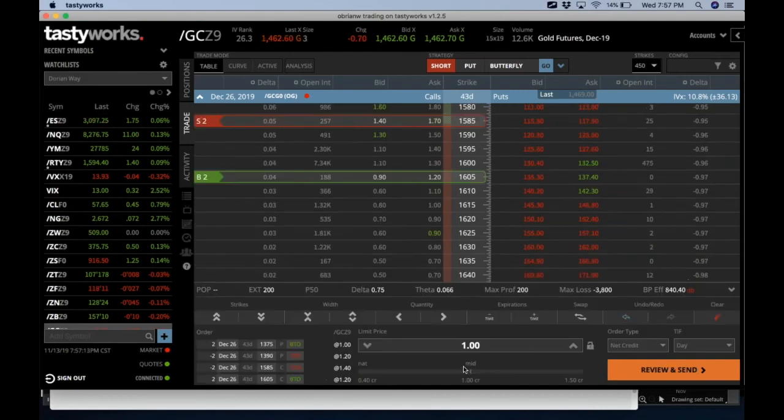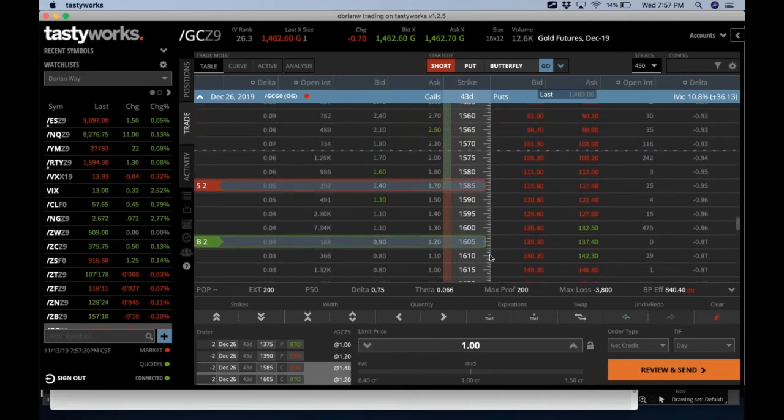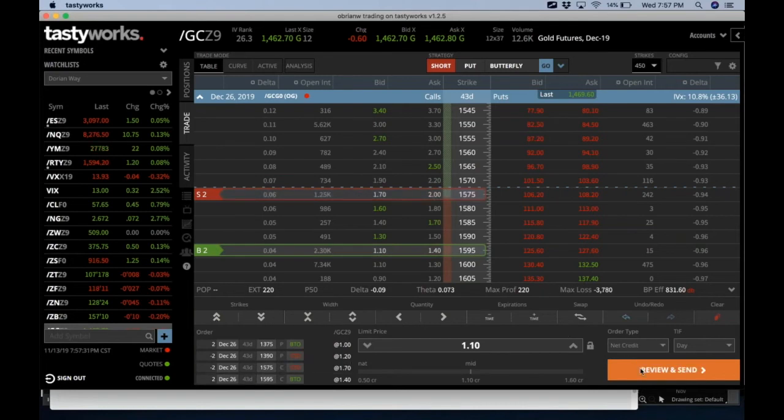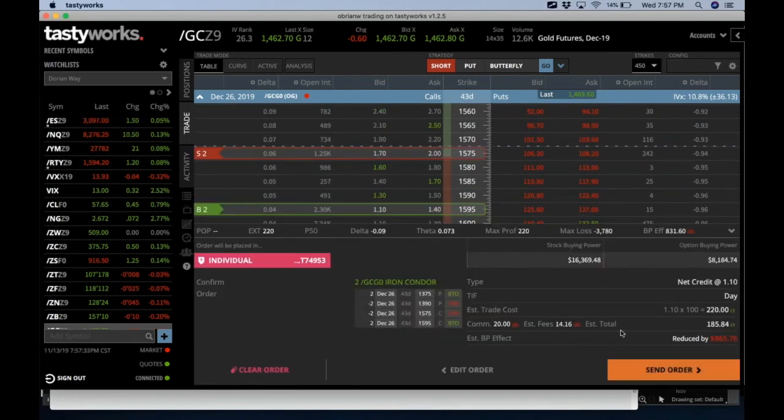Or you can just keep what we originally had on. So on that call side, you can decide to move that up to that 1577. Moving it up, you'll use this arrow. And 1575, we just moved it to the 1575, 2 contracts still, and it didn't change very much. Interesting.